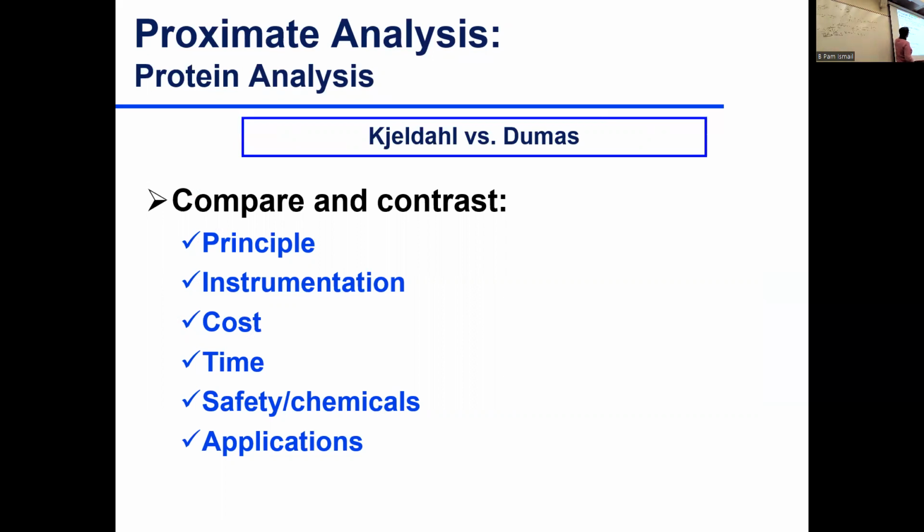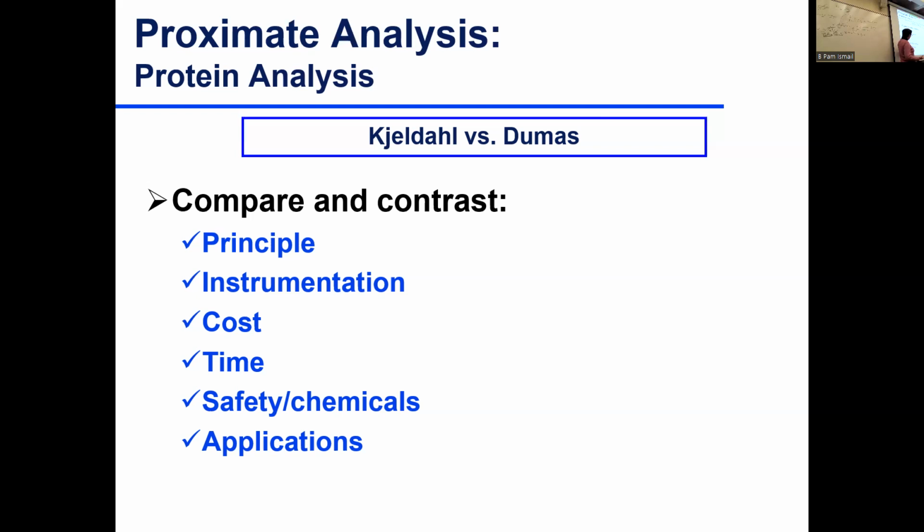LECO is the company. To get that instrument for the DUMAS method, it's really high in cost. Maintaining it is also high in cost, but it has really high throughput. Oftentimes you have hundreds of samples to run and can't afford the time to use Kjeldahl.